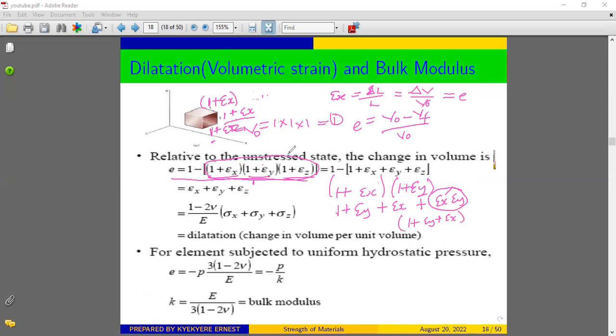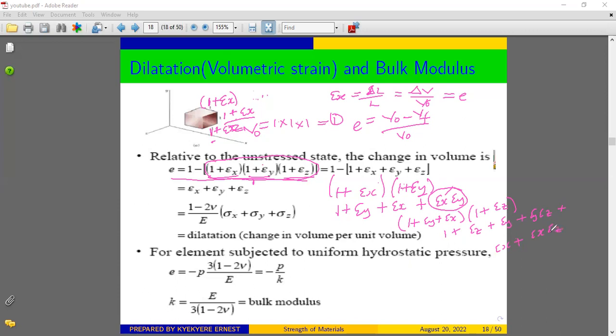Then, when we multiply it by the last term, 1 plus epsilon z, when we do the expansion, we are going to get 1 plus epsilon z plus epsilon y plus epsilon y epsilon z plus epsilon x plus epsilon x epsilon z.